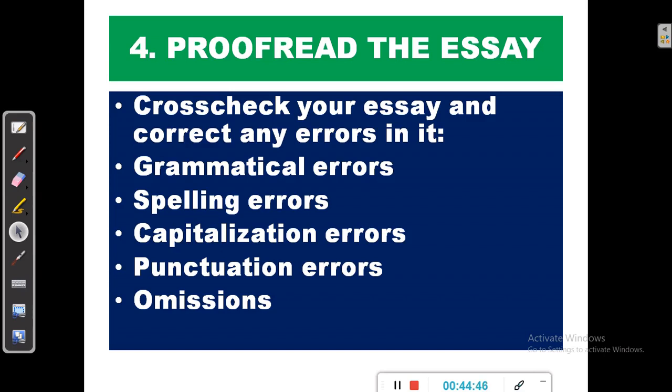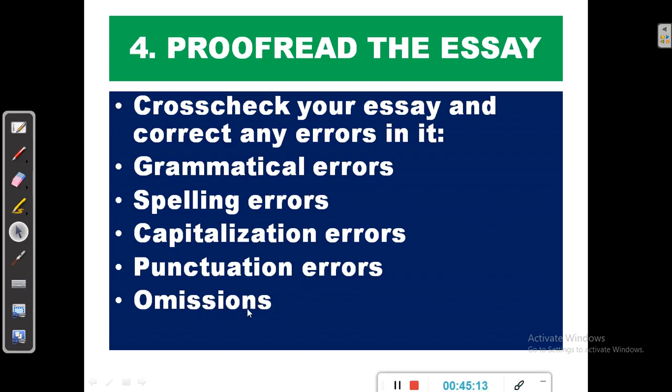So, and then you have to check the punctuation errors to ensure that you put commas where there should be commas and full stop at the end of each sentence, or if it is a kind of sentence that asks a question, there should be a question mark. Where there is an exclamation, there should be an exclamation mark, and so on and so forth.